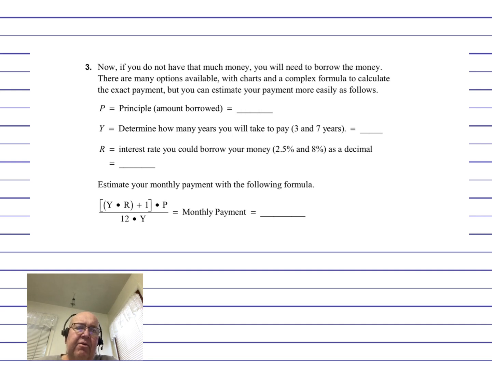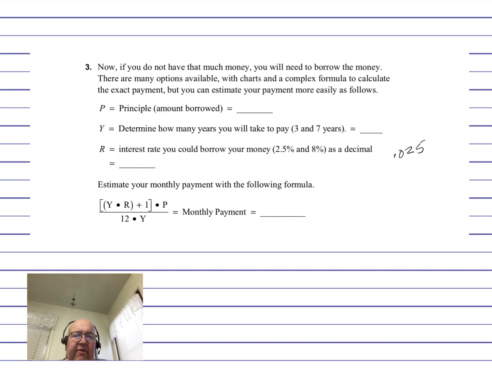You can pick between 3 and 7 years. And then the interest rate you can pick again between 2.5% and 8%. That's up to you. Again, remember that converting percent to decimal, you're going to move two places to the left. So 2.5% would be 0.025.